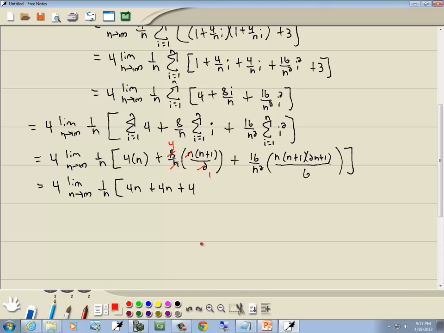Now over this other one here, let's see, the n squared and n, that leaves no n there, and then this just leaves us a single n here. 16 and 6 are both divisible by 2, so that gives us 8, and this one gives us 3. So let's write down what we have left. We have 8 times n plus 1 times 2n plus 1 over 3 times n.